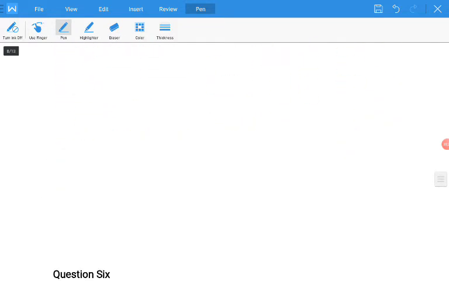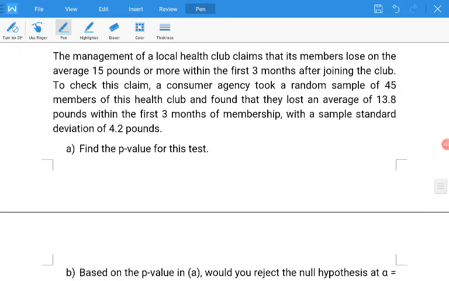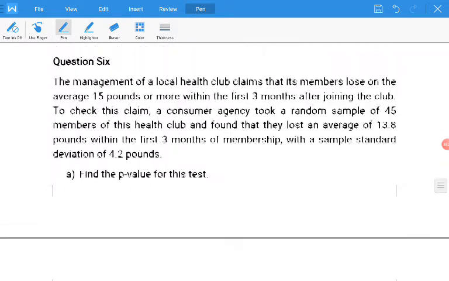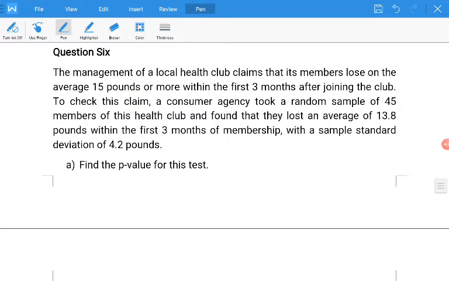Now let's look at question number 6. Question number 6 reads, the management of a local health club claims that its members lose on average 15 pounds or more within 3 months after joining the club. So 15 pounds is the hypothesized mean. To check this claim, a consumer agent took a random sample of 45.